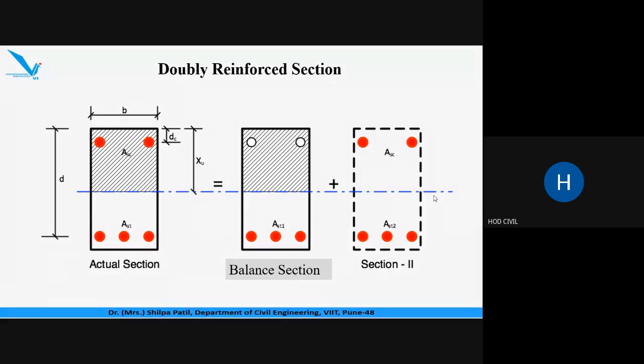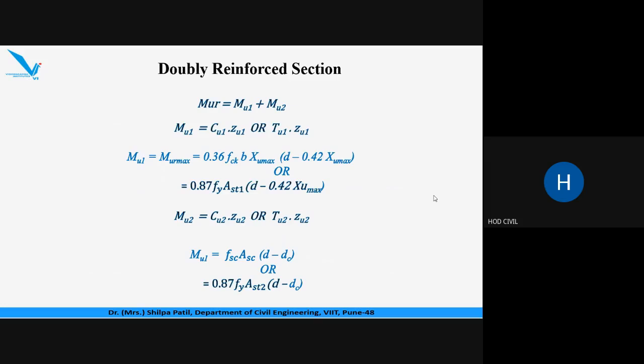That is the moment of resistance shown by section 1 and by section 2. So for the sake of simplicity, MU1 is shown by the balanced section, and the remaining moment is considered as resisted by section 2. So the total formula of MUR is MU1 plus MU2.